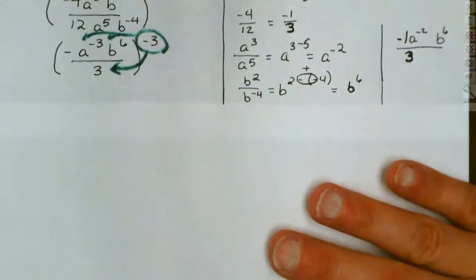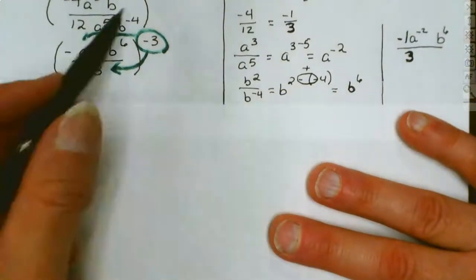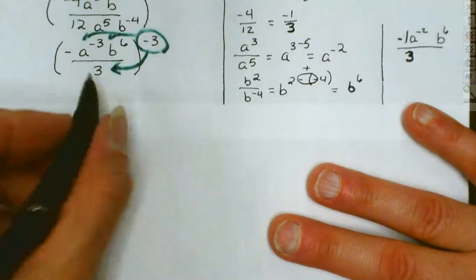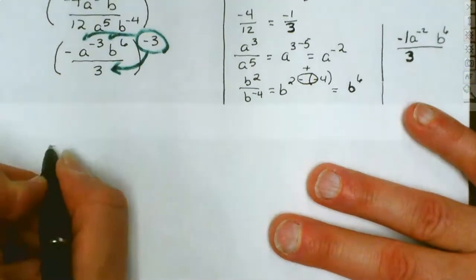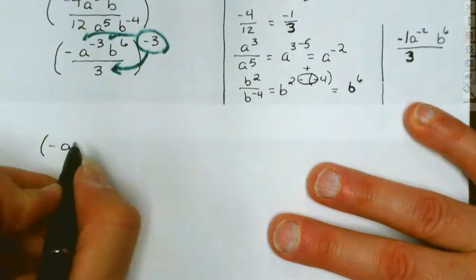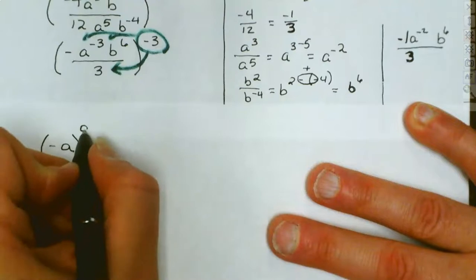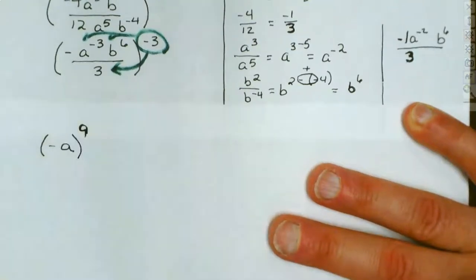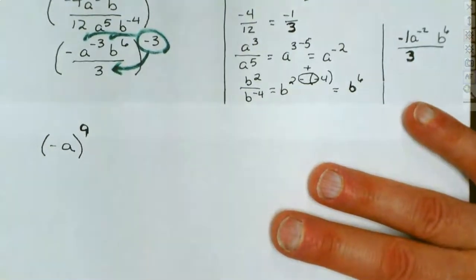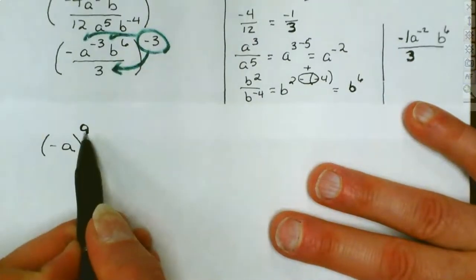Sometimes these get a little bit confusing with all the different variables that are involved. So if I distribute it through, that negative just stays with that a. So we have a negative a. And then when I distribute through, negative and negative makes it a positive 9, doesn't it? Because negative times negative here makes that a positive 9.